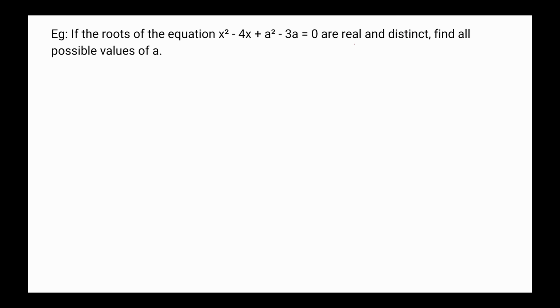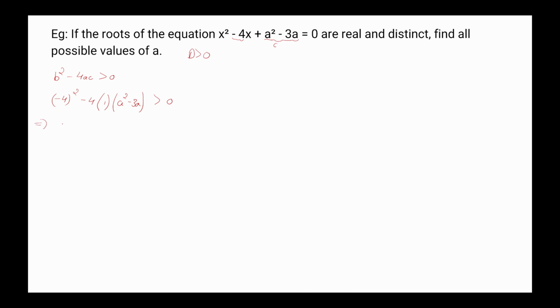If my roots are real and distinct, my discriminant would be greater than 0. That means my b square minus 4ac should be greater than 0. So my a is 1 here, my b is minus 4, and this value is my c. So b square, minus 4 square, minus 4 times a into c. A is 1 and my c is a square minus 3a. This should be greater than 0.